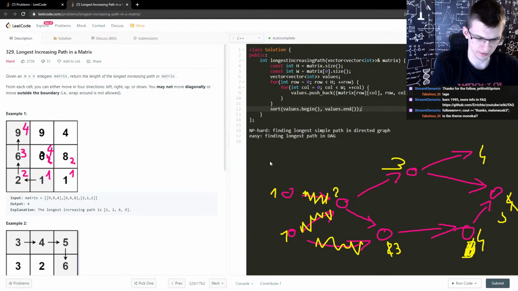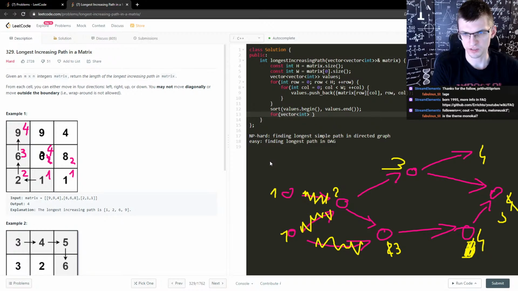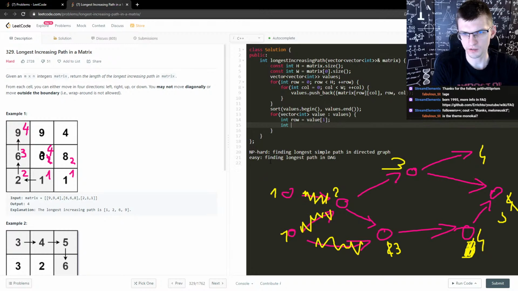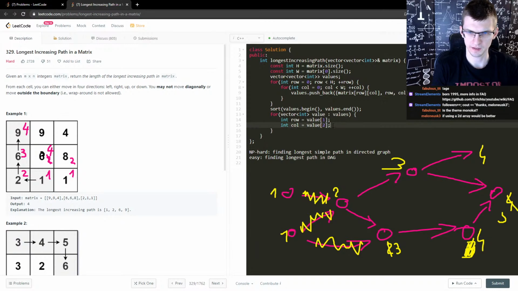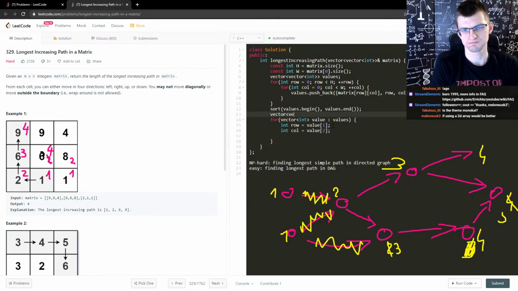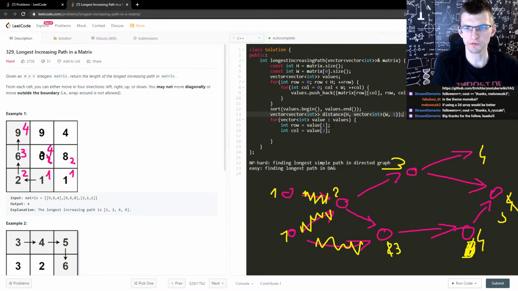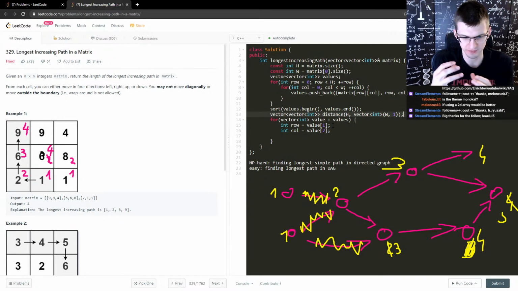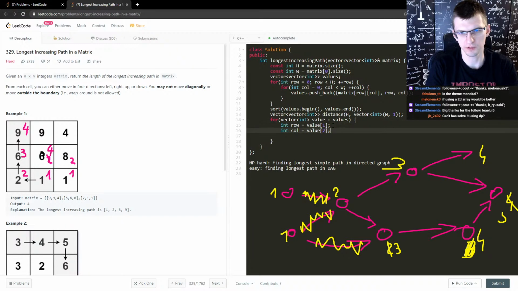And now I can iterate over those tuples. Row was value of 1, column was value of 2. Value of 0 was the value itself. Distance. Initially, everywhere I put 1, which means, yeah, I can start here and I will visit one cell, but then I will keep overwriting, I will keep improving.